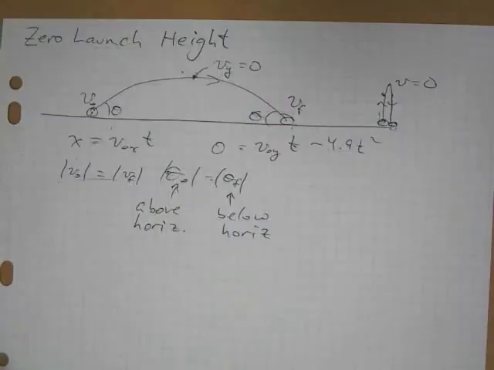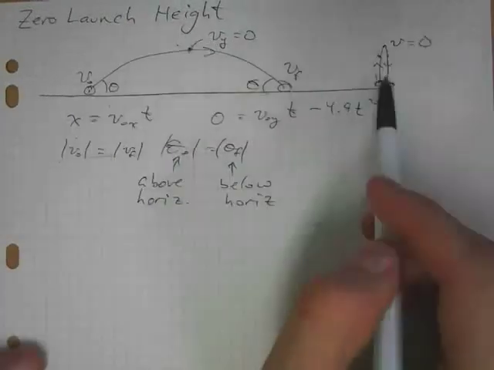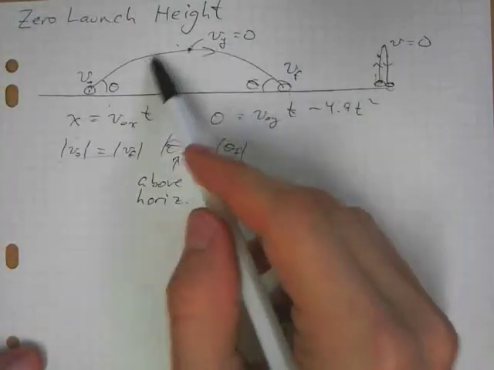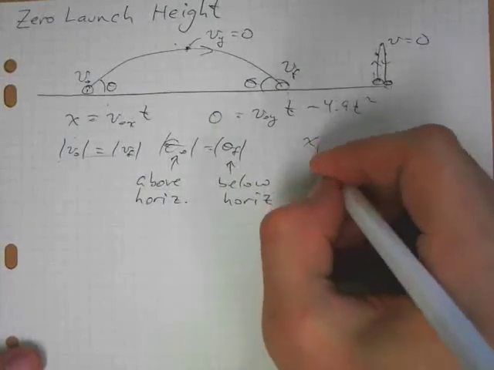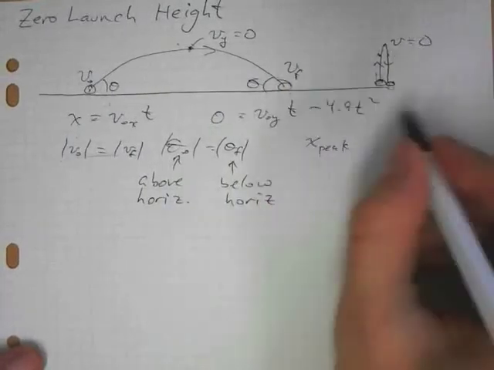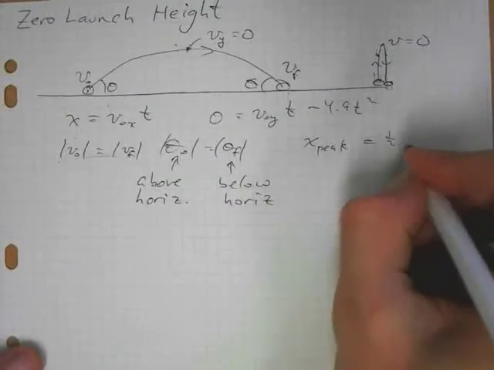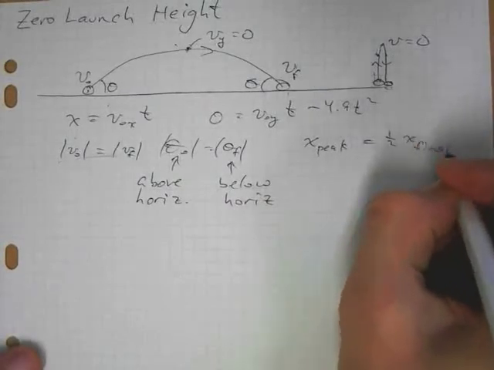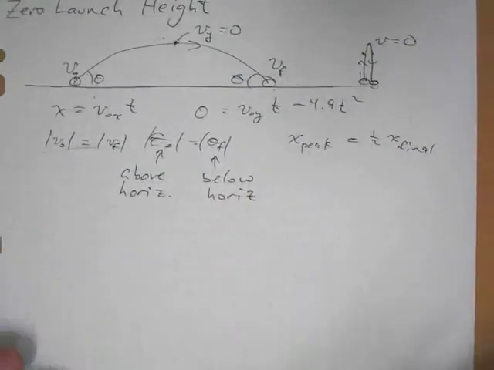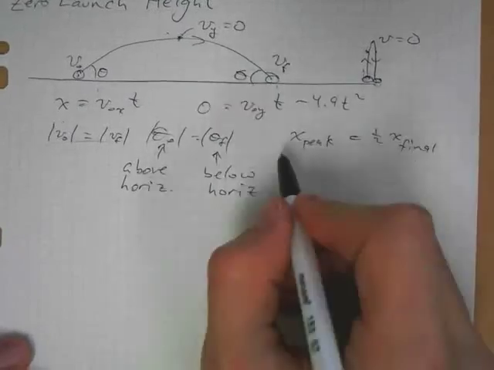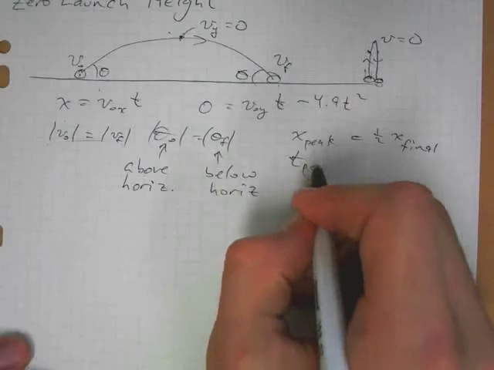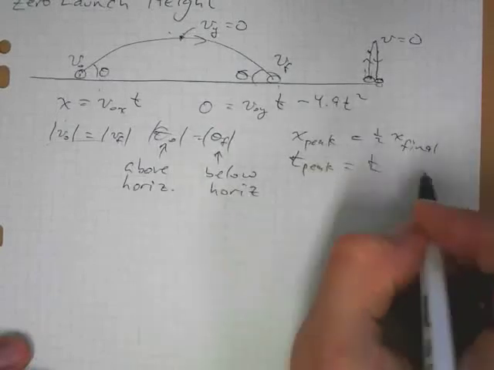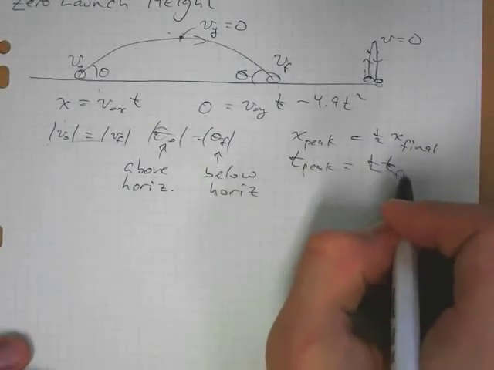One more thing, we know that this peak happens halfway through the motion. So we know that the x distance at the peak is half the x final, the total distance, and we know the time at the peak is 1/2 t final, half the time it takes to hit the ground.